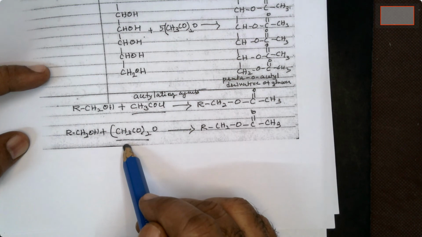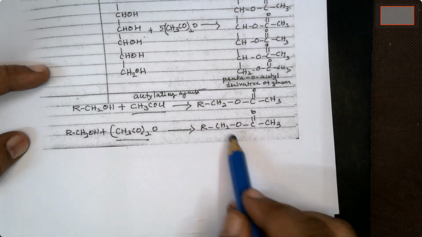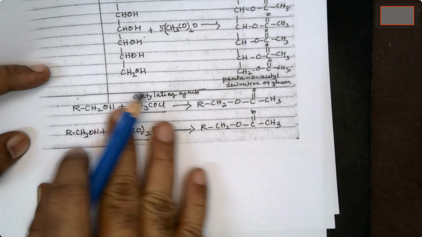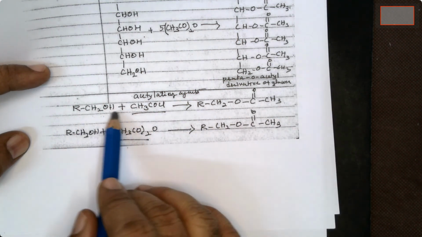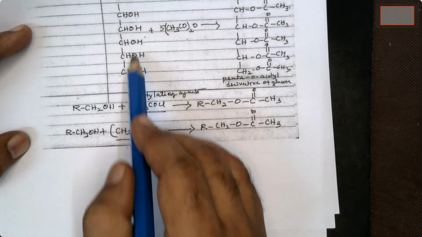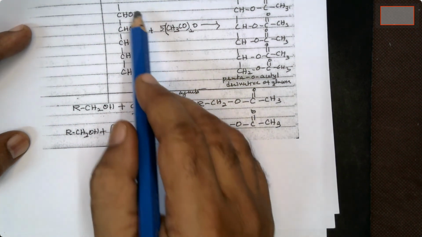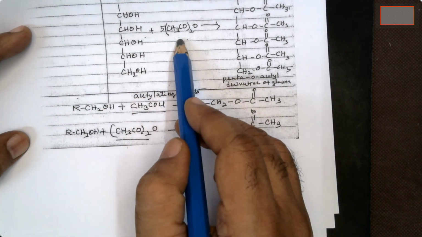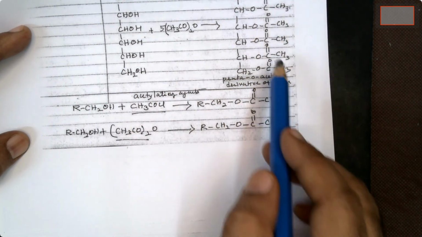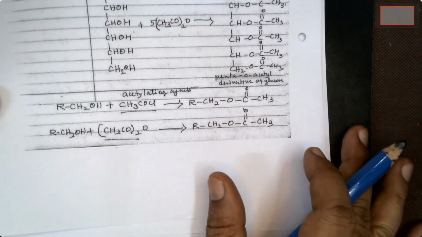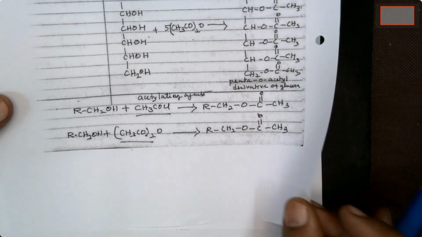It will result in the same product, the acetyl derivative. Clear? This is for any alcohol. Since it has only one alcohol, we get one acetyl derivative. But glucose has 5 hydroxyl groups, and that is why it reacts with 5 acetic anhydride to form the penta-O-acetyl derivative. From this, the presence of 5 hydroxyl groups has been confirmed. Okay. Next.